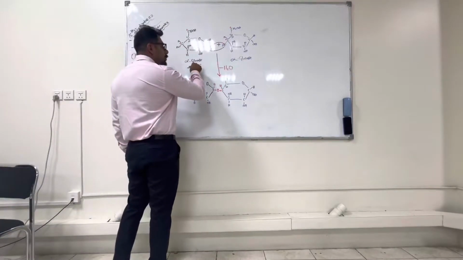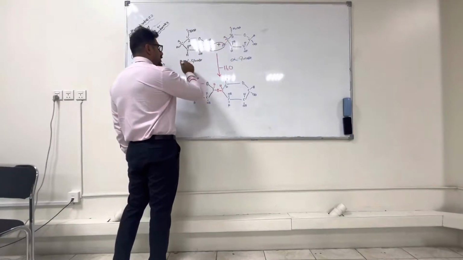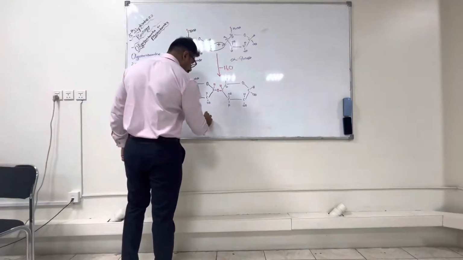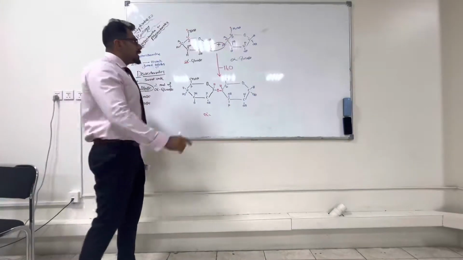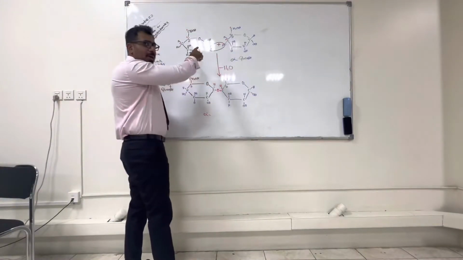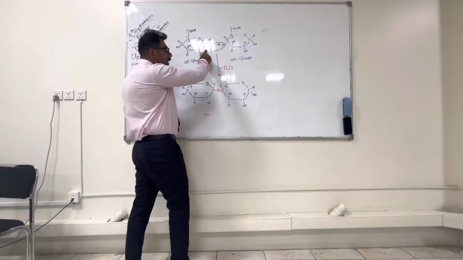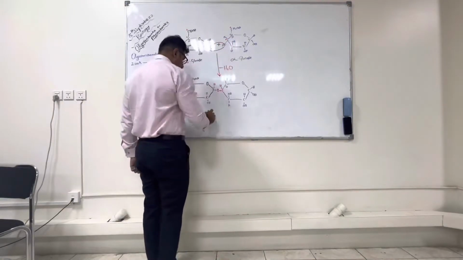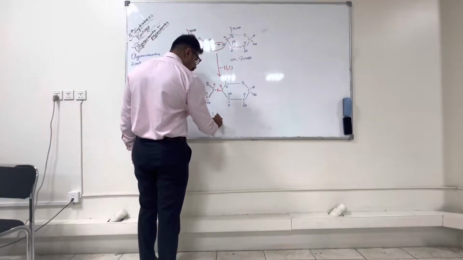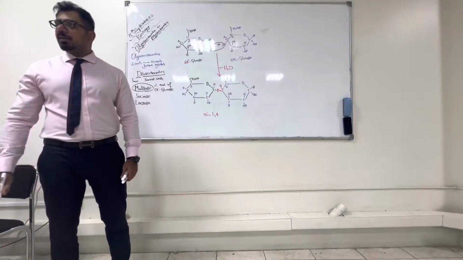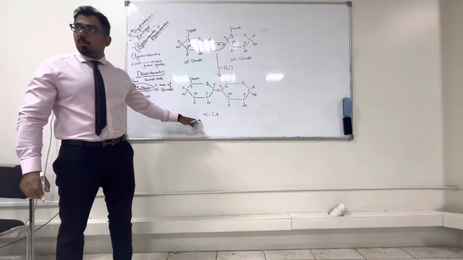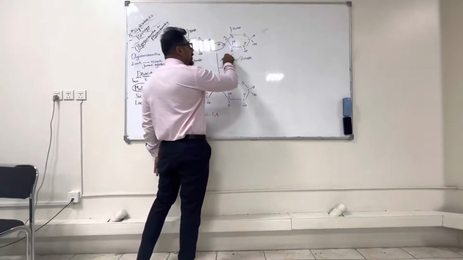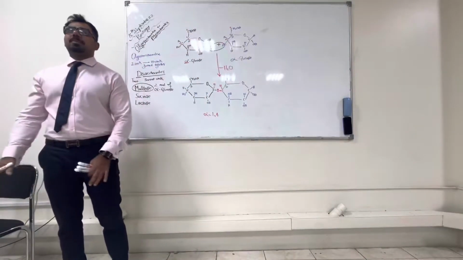Now, the first molecule taking part in this chemical reaction is what? An alpha molecule, right? So I will write over here alpha. And one of the carbons taking part in the chemical reaction is carbon number 1. The second carbon taking part, from the second molecule, is carbon number 4. So I will write 1, comma 4. Carbon number 1 of one glucose and carbon number 4 of the second glucose took part in the chemical reaction, right?